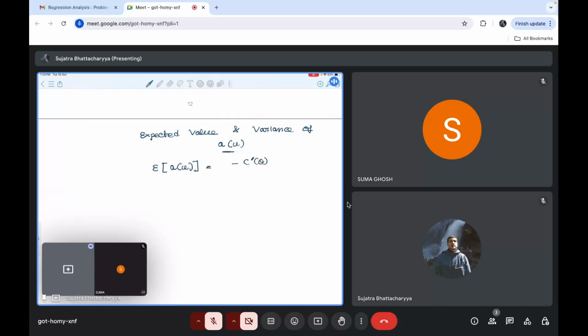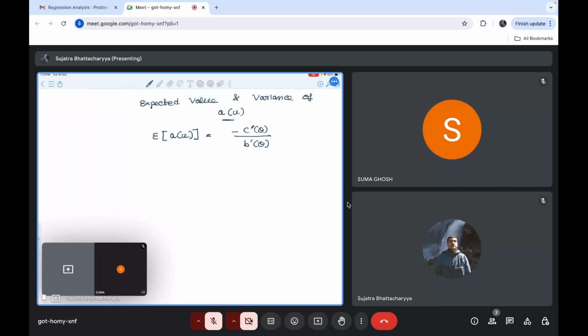This dash represents the first derivative with respect to theta, and this is b prime theta. And the variance of a(u) is nothing but the double derivative of theta, c prime theta.